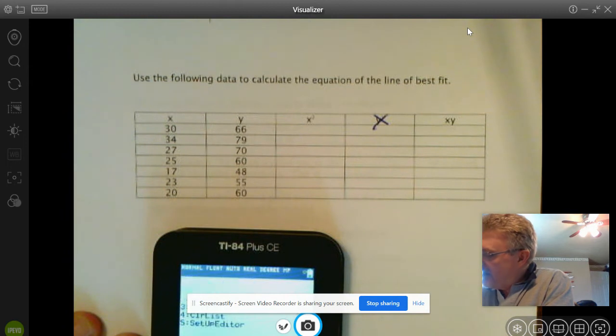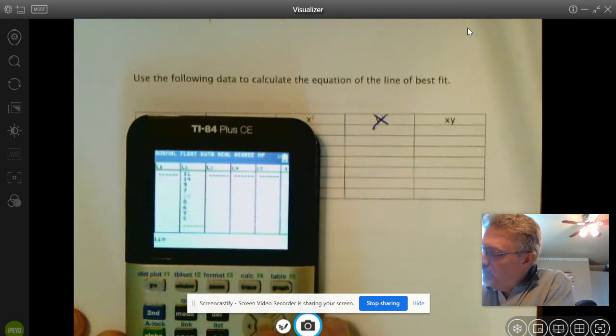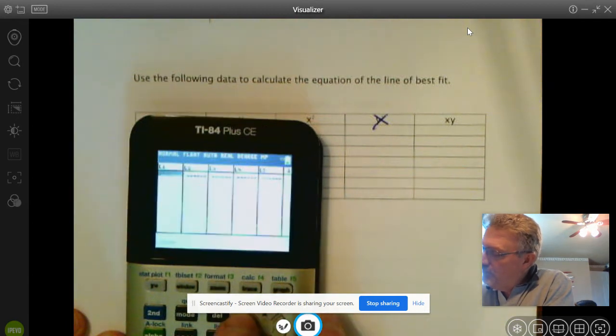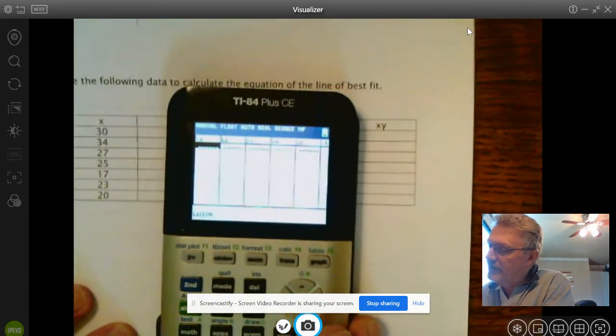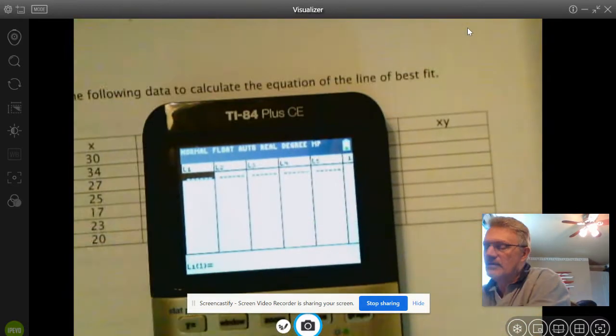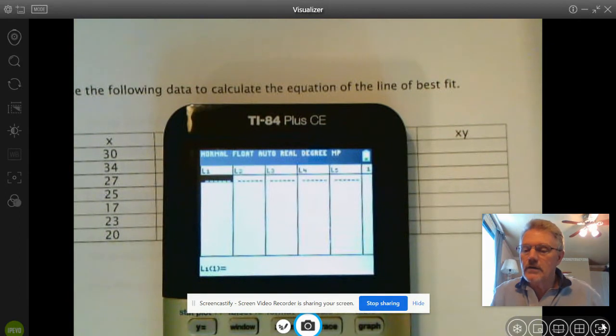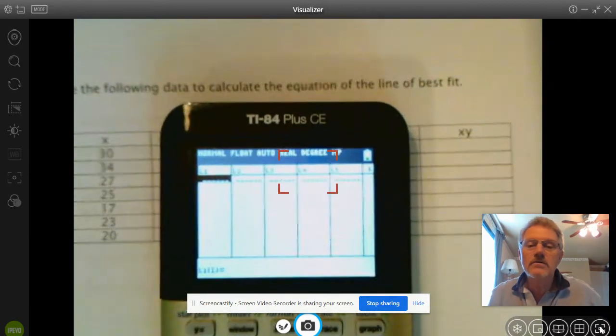All right, so stat edit. I'm going to clear the data that I have, and I'm going to put this data in from the question. Let me zoom in on that a little bit because this is a little blurry. And this thing I think is the focus.